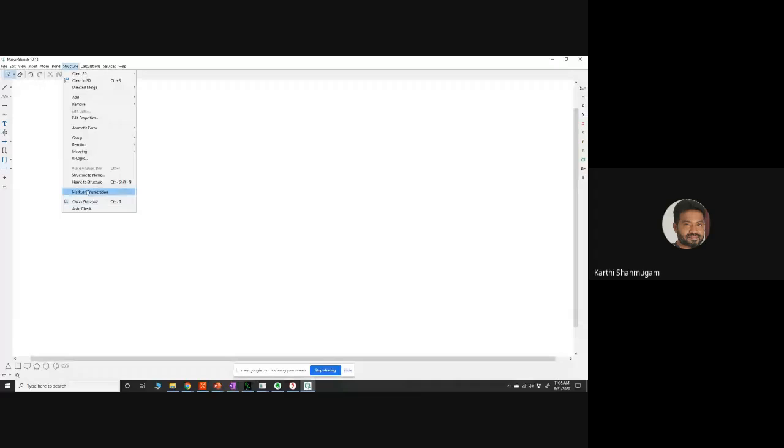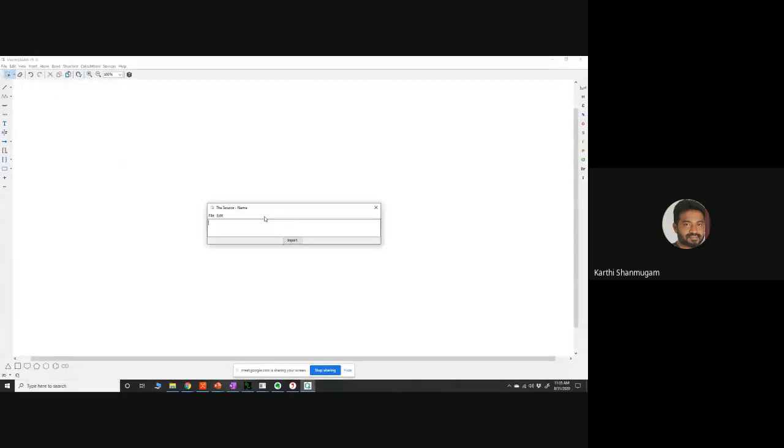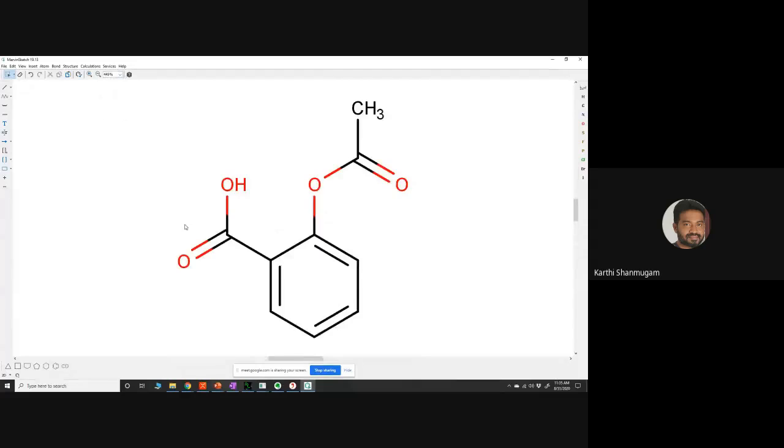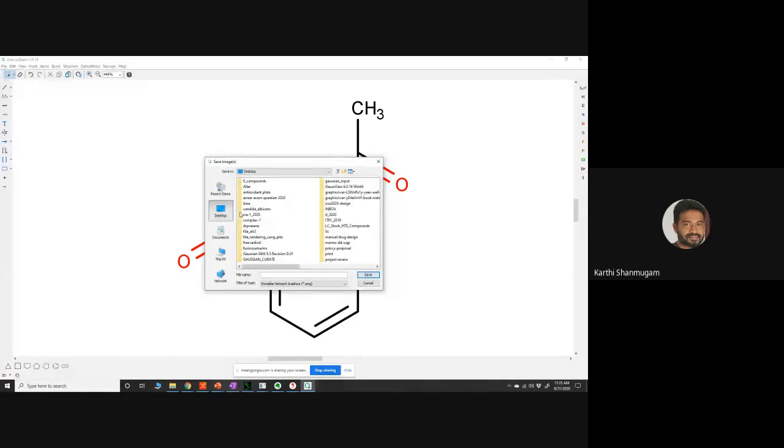So I'm going to draw the structure of aspirin. Yeah, I highly recommend the software. Whenever you have time, you just install the software, because every time we cannot check the structure on the internet. This is the structure of aspirin. I'm going to make a copy of this aspirin, export the image, and give aspirin as the name.